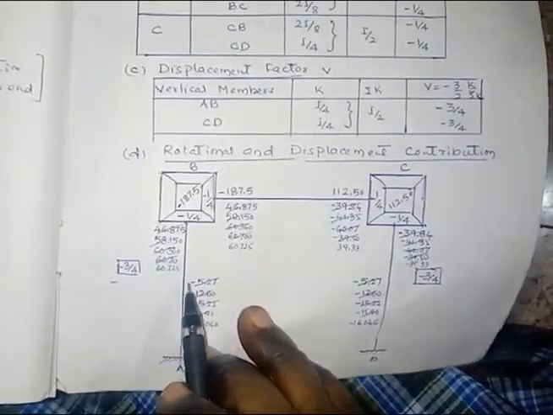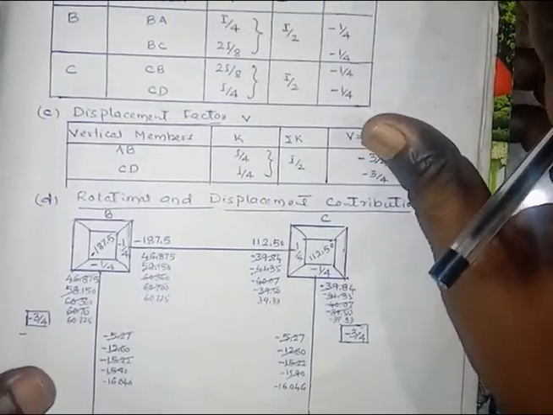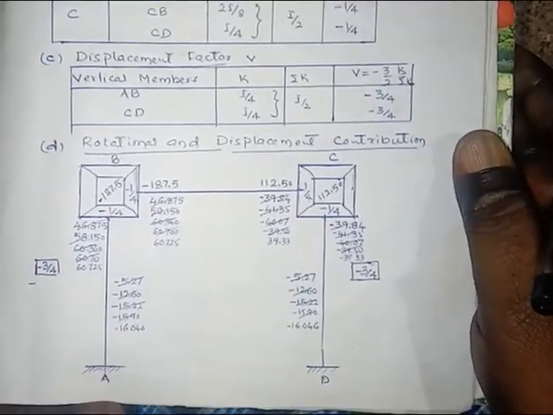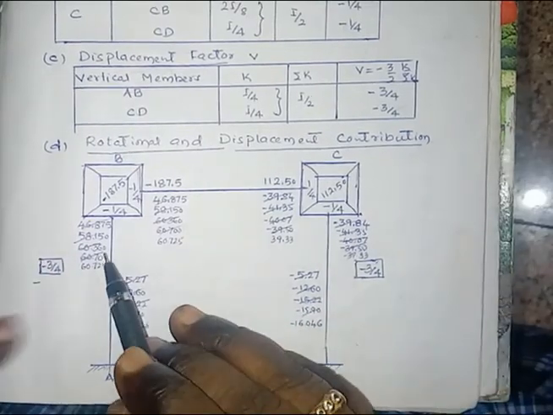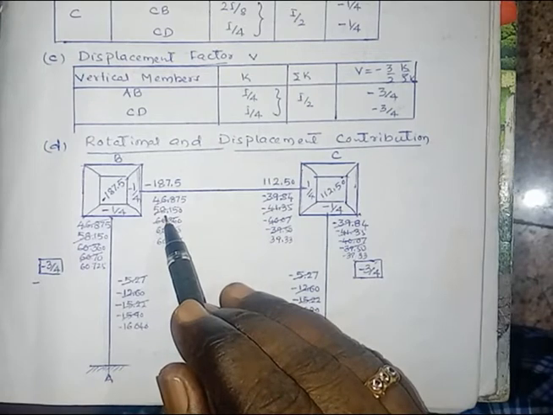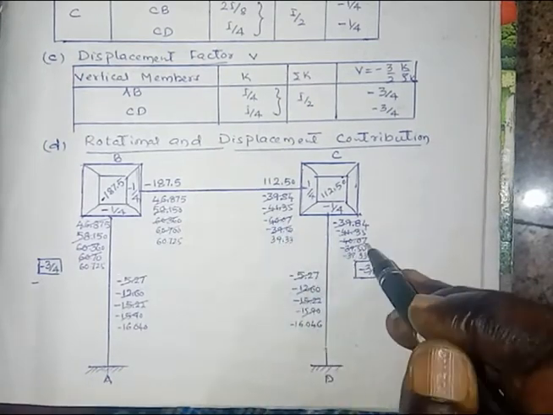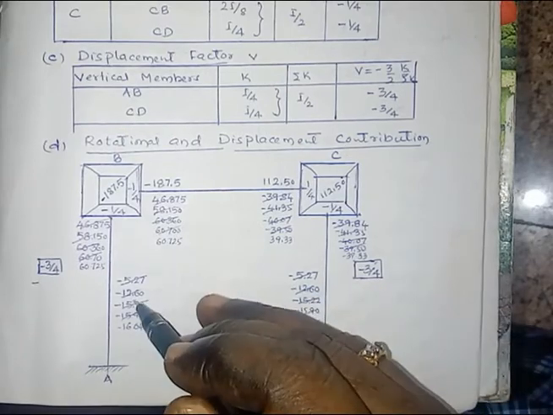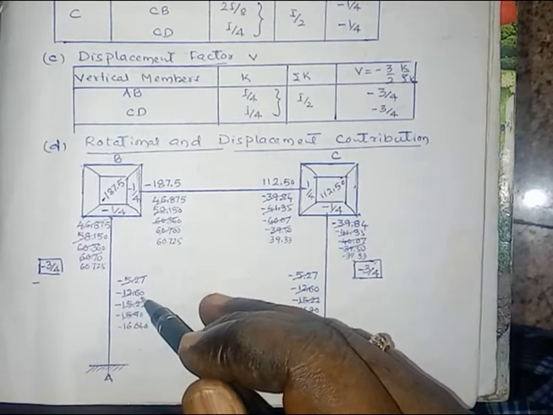Here you will get these values of the rotational moment as well as the displacement contributions for the second cycle: 58.15, minus 41.35, and minus 12.6 as the displacement contribution.